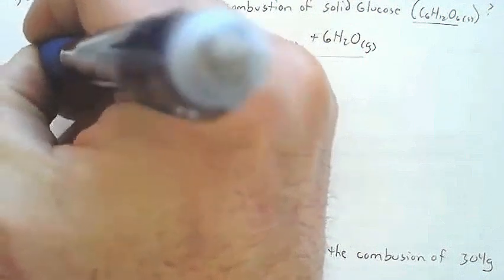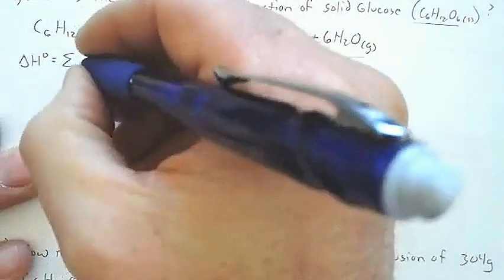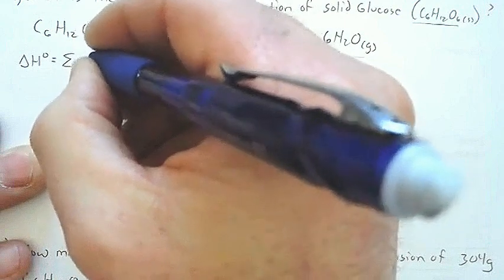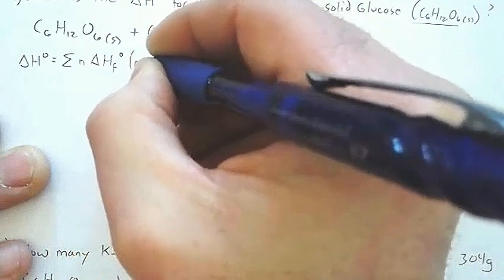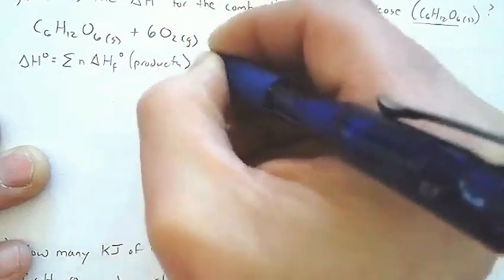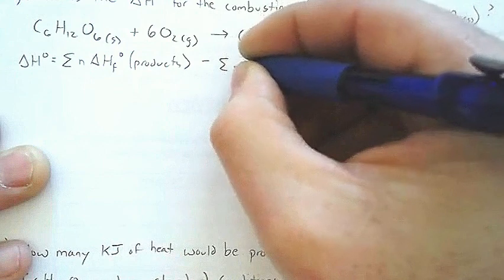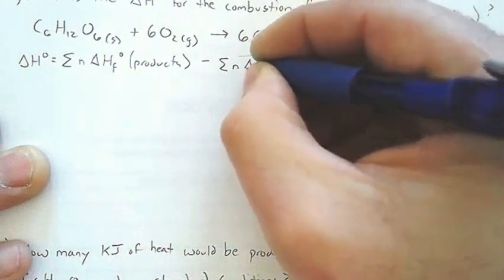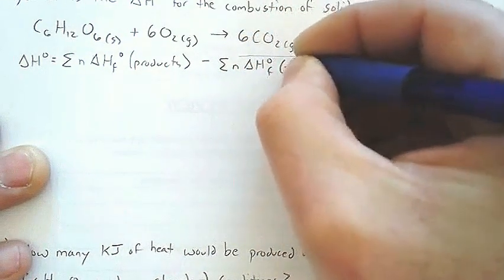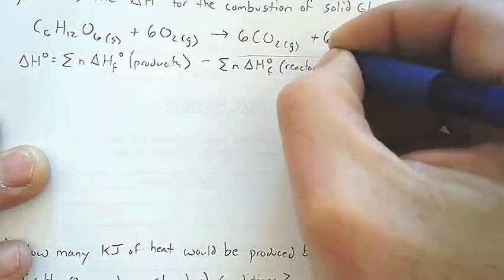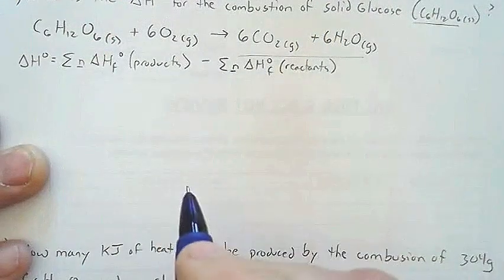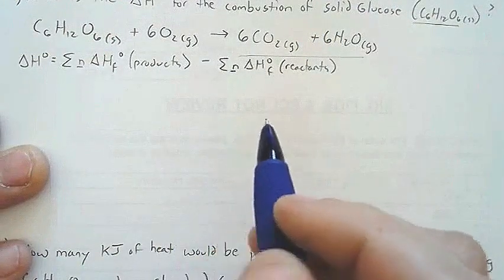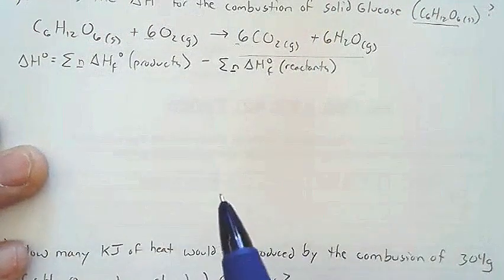So that is, heat of reaction is equal to the sum of the heats of formation for the products and subtract the sum of the heats of formation for the reactants. And N indicates that we have to take into account the number of moles involved, in other words, the coefficients.